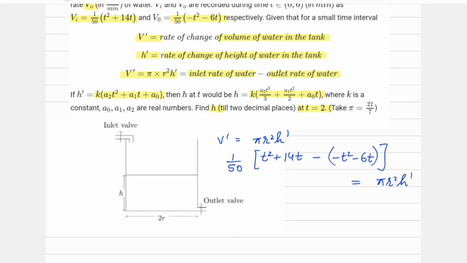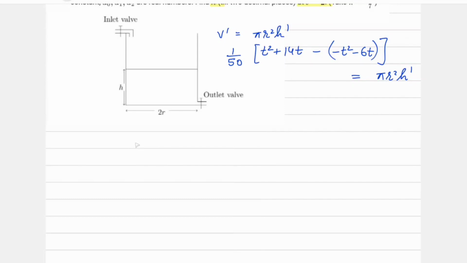So let's compute this. We get 1/50 (2t² + 14t + 16t), which is 20t. It comes out to be πr²H'.